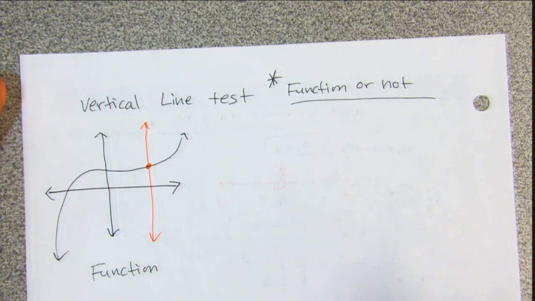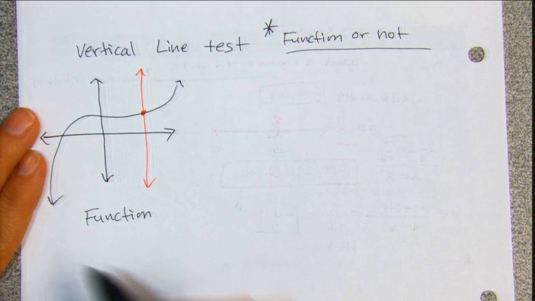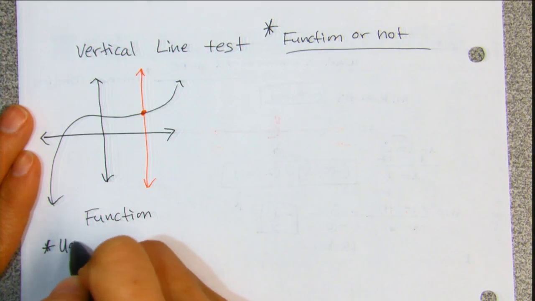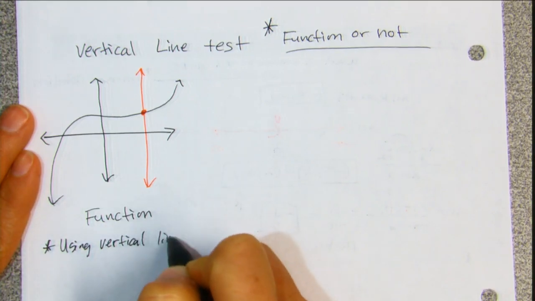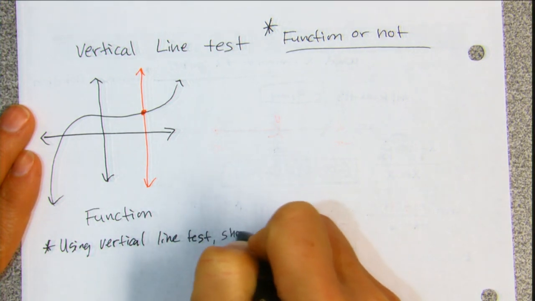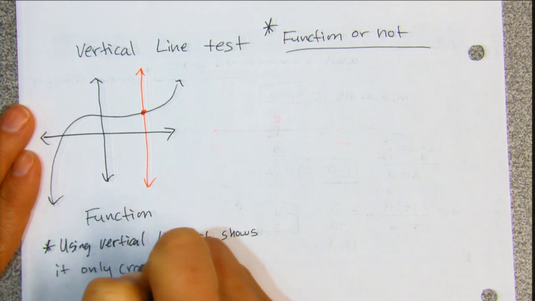And I'm going to ask you to explain in just a short sentence. What could we say? We could say something like, using the vertical line test shows it only crosses at one point.